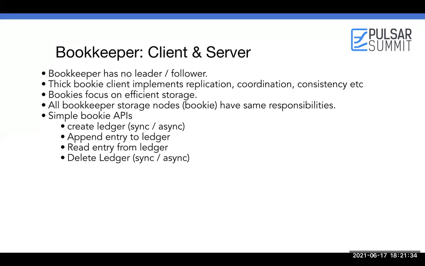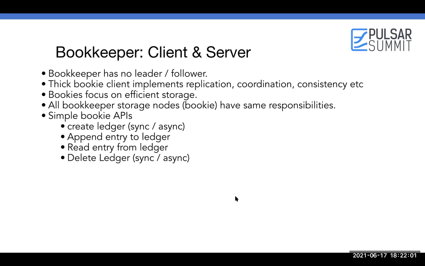But first, we need to know that Bookkeeper doesn't have different responsibilities for different nodes. Each node is only concentrating on writing to the disk as efficiently as it can. The replication, consistency, coordination, and all of that is something that the Bookkeeper client handles.